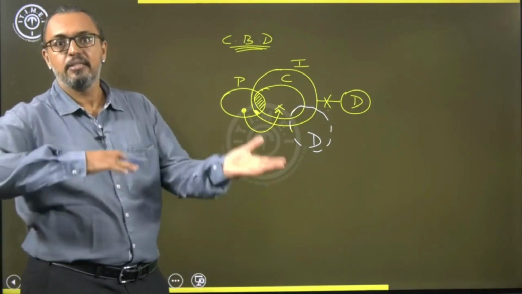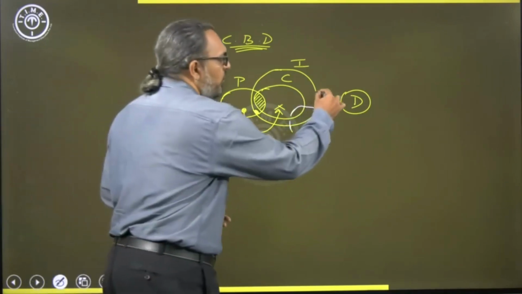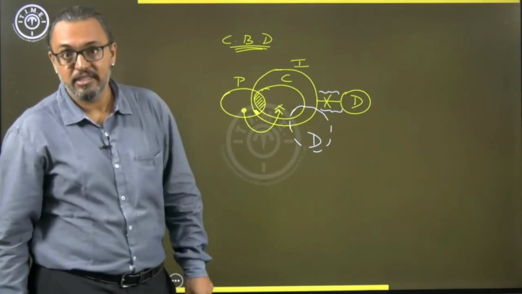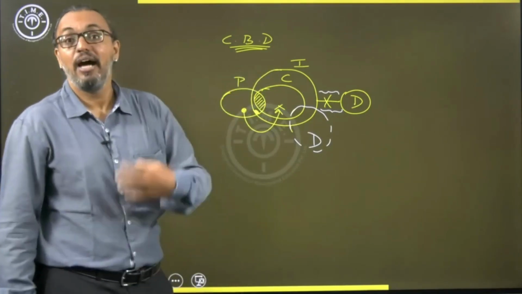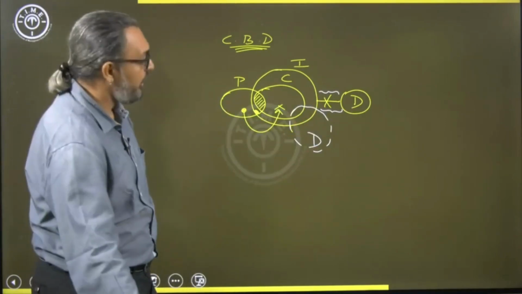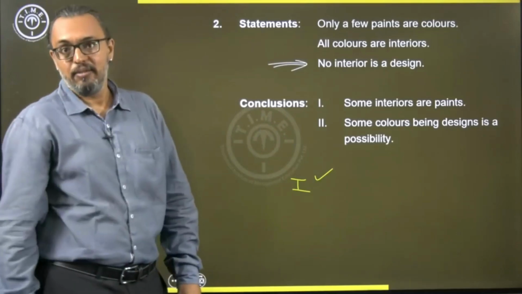Can it happen? No, it cannot. Because if I overlap the D circle with the C circle, it should also overlap with the I circle. But D and I should never overlap, mainly because of this: no interior is a design.